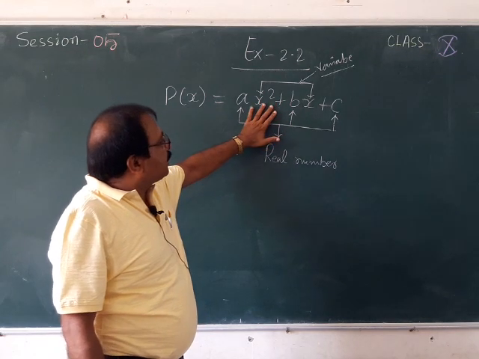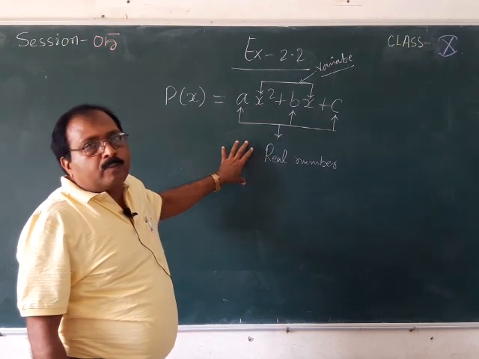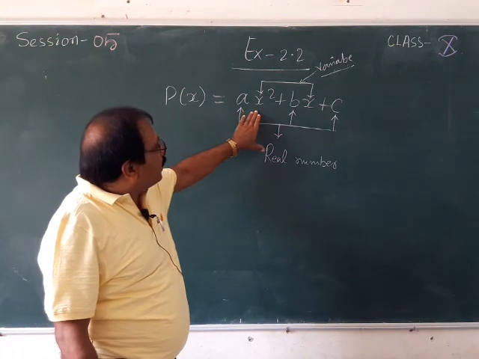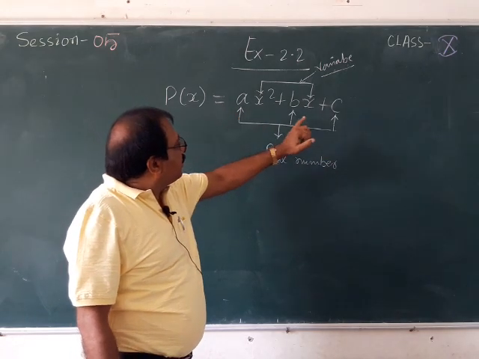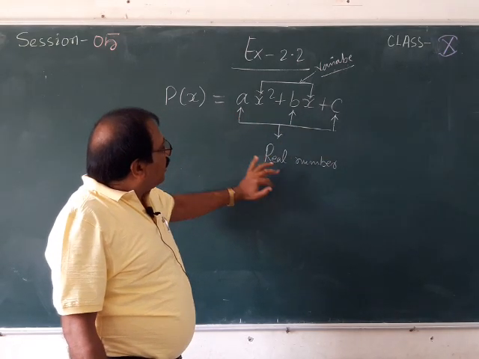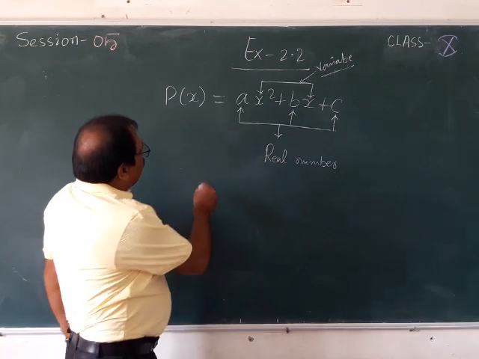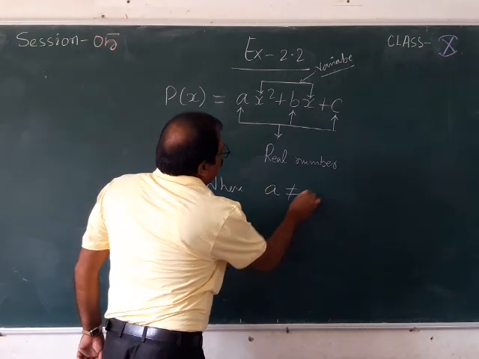So this is known as the standard form of a quadratic polynomial, and it always appears to you as ax square plus bx plus c, where a, b and c are real numbers. One other condition is also there: a should not be equal to 0.